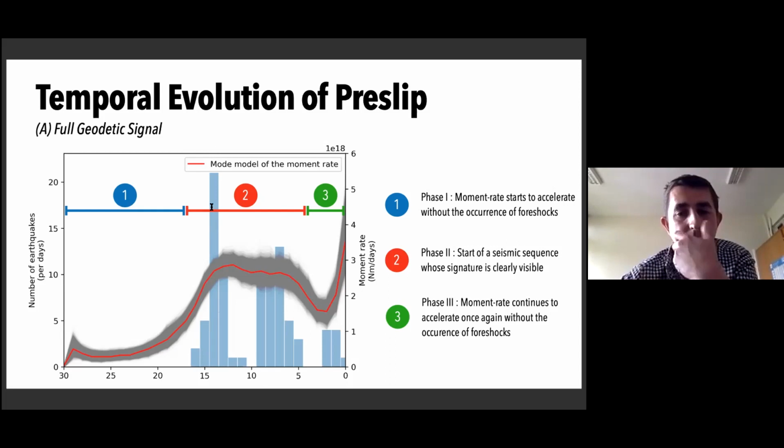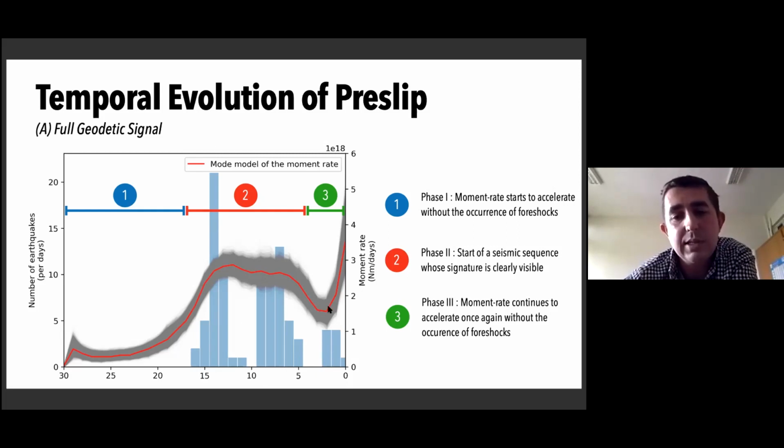So at the time when you start to have this really large increase of moment rate, you also have a lot of earthquakes happening on the fault plane. And this swarm of earthquakes does last for quite a while. This signature from the seismic sequence remains relatively visible for about 10 days as well. And then during the last few days, we do have some earthquakes, but not so many.